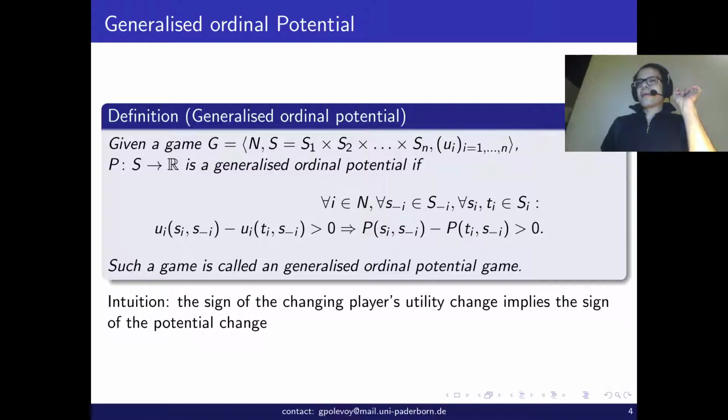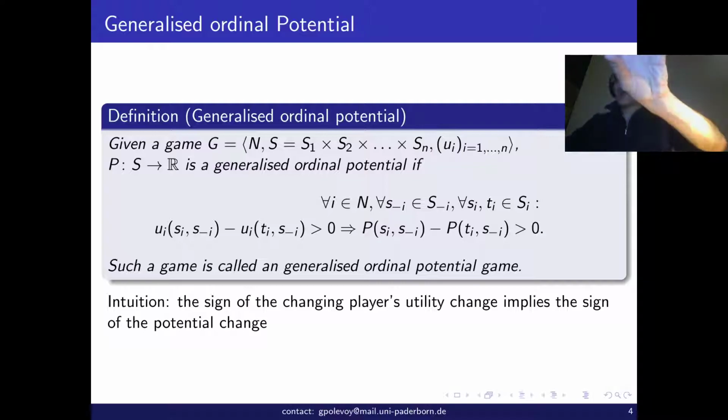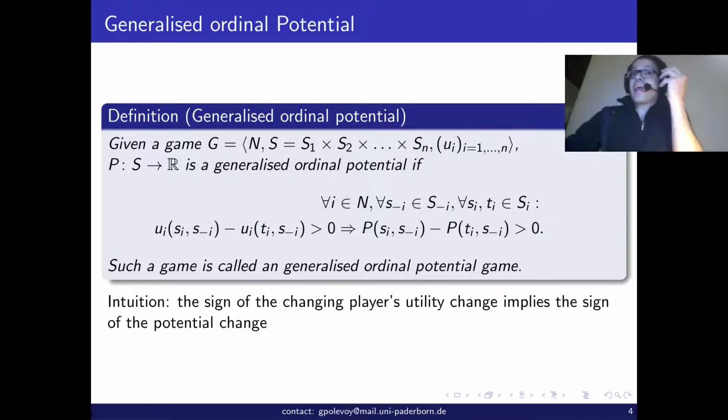So that is the weak definition, admittedly, because we begin with the weakest definition, to allow for a wider class of games. But that is the idea of the potential function kind of modeling the changes in utility. And please pay attention that there is one potential function, but that condition is true for all the players. And if a game admits such a potential function, such a game is called a generalized ordinal potential game.